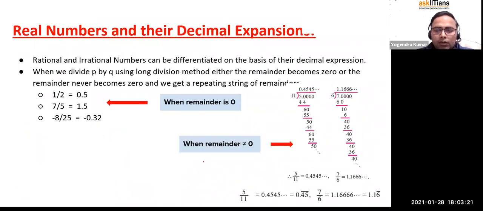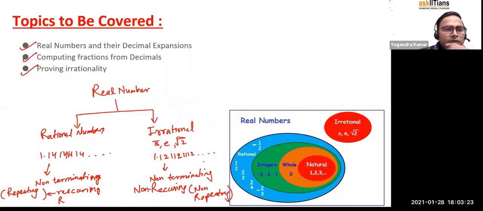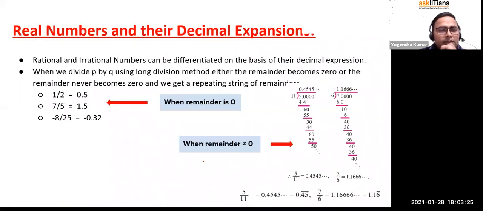Now let's come to the topic of real numbers and their decimal expansions. I think we talked about it last class also, but no problem, we can repeat again. Rational numbers and irrational numbers can be differentiated on the basis of their decimal expansion, right? So what is the difference between these two forms?